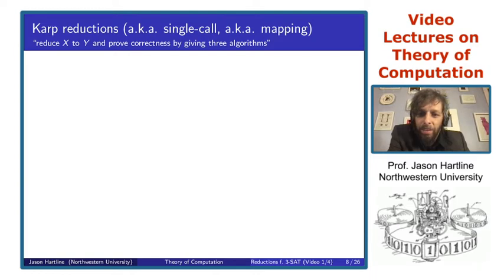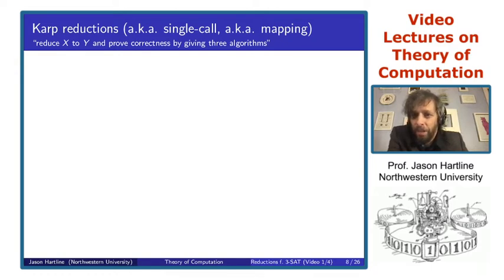Great. And we're going to be looking to show problems are hard by showing they're as hard as any problem in NP. One way to do that is to give a polynomial time reduction. But it'll be frequently possible to show a polynomial time reduction of a very special form that takes a single call.